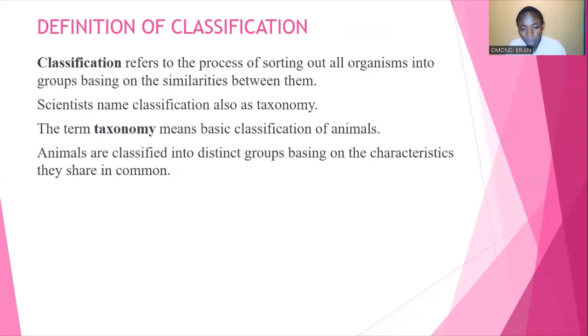And what is taxonomy? Taxonomy refers to the basic classification of animals, and we classify animals based on the distinct characteristics that they have. So if they have common characteristics, automatically you are going to group them in one class or one group.